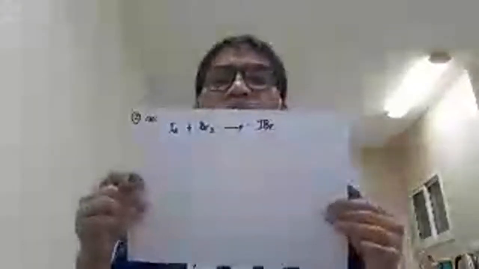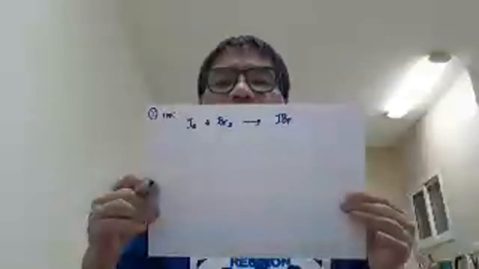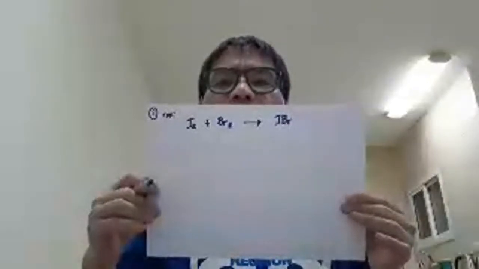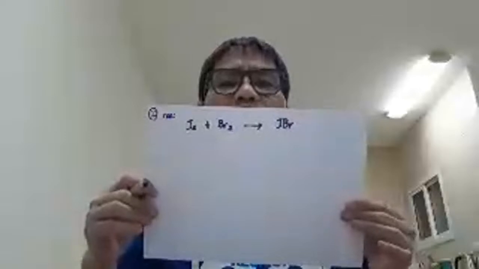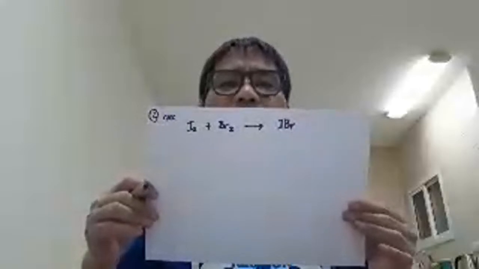There's no subscript for this IBr because both of them have one, having one charge, something like this.